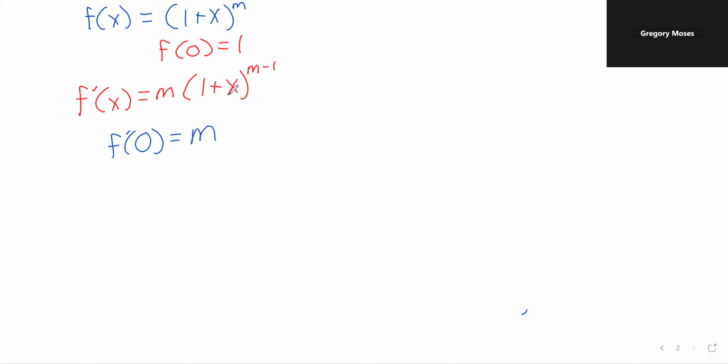And a factorial-like pattern is going to emerge pretty quickly. So every time we plug 0 into these things, we're going to have 1 plus 0 raised to a power. So this is always going to be 1. And it's the numbers in front of the power that are going to survive when we stick 0 in.